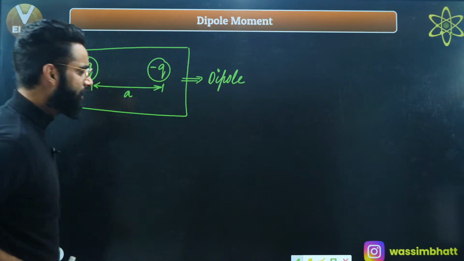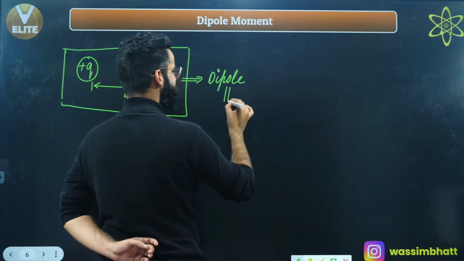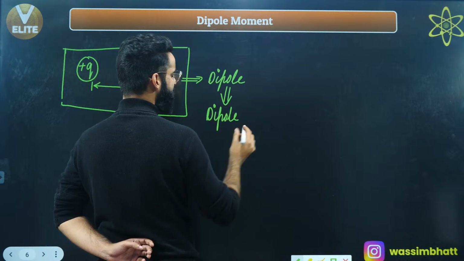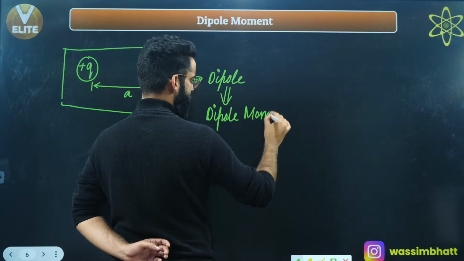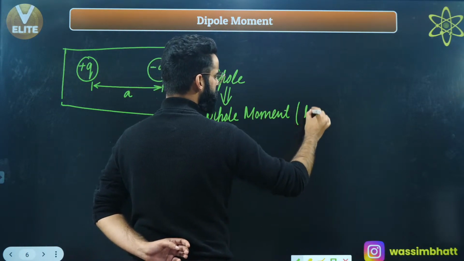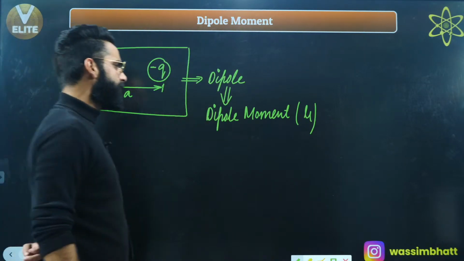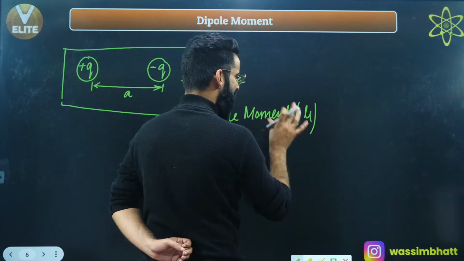And for a dipole, we define a term called dipole moment, which is denoted by mu. Let me tell you how this dipole moment is defined.